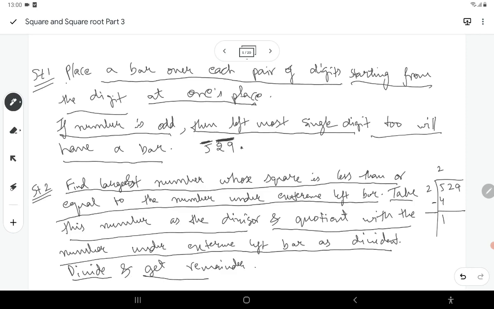Finally, divide and get the remainder. So the extreme left bar is 5. We know that 2 square is the nearest. So 2 square is 4, and 5 minus 4, the remainder comes as 1.